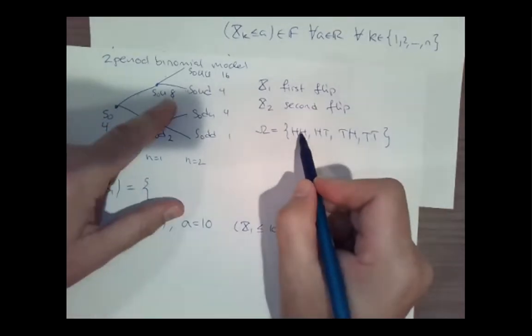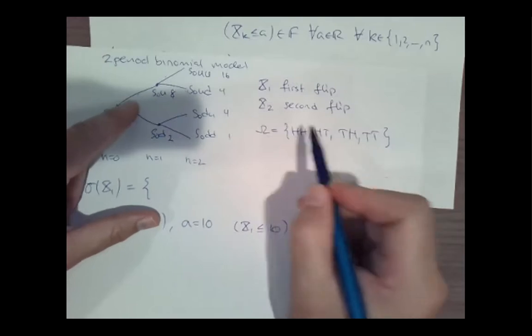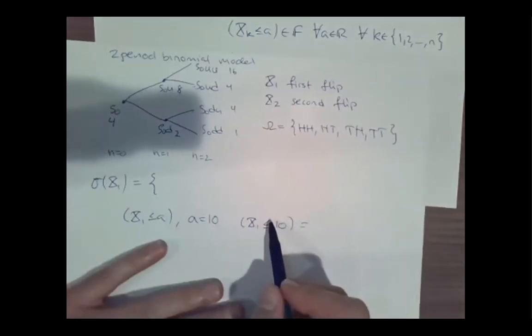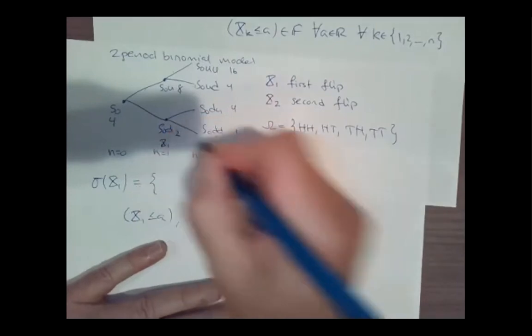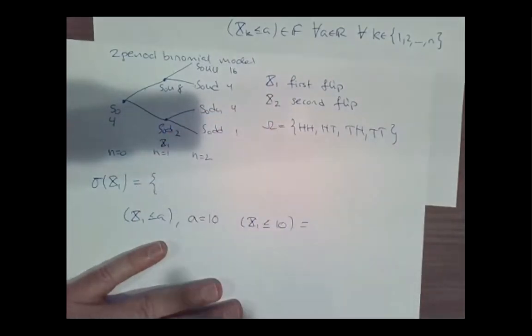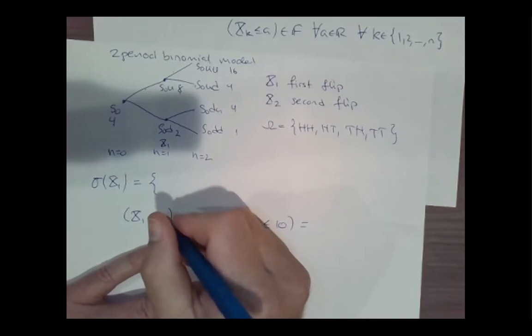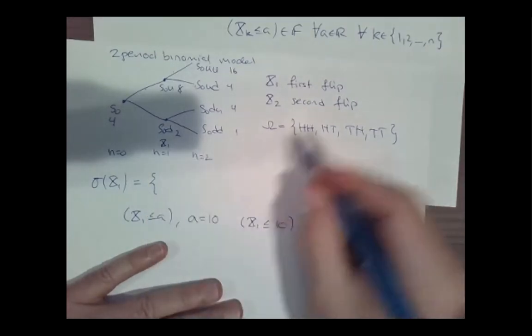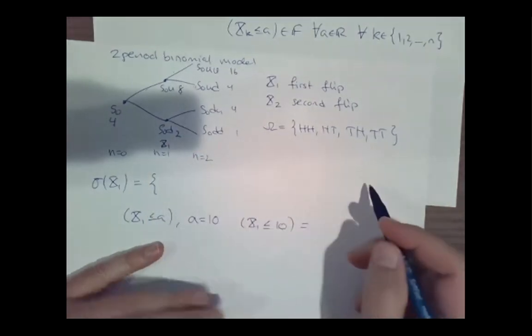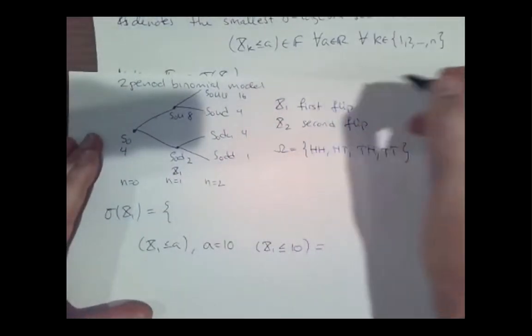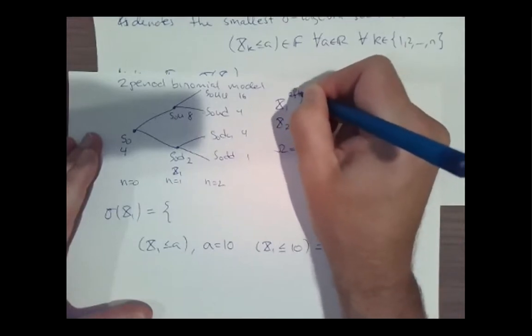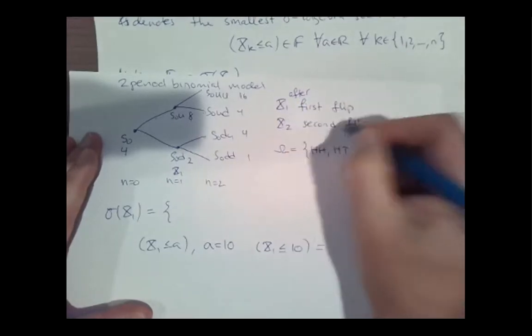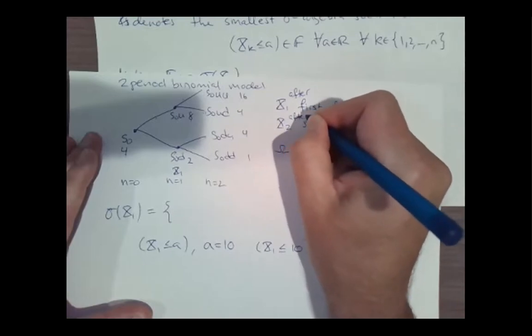Maybe this is confusing. So this is x1, this is after the first flip, and x2 is after the second flip, right?